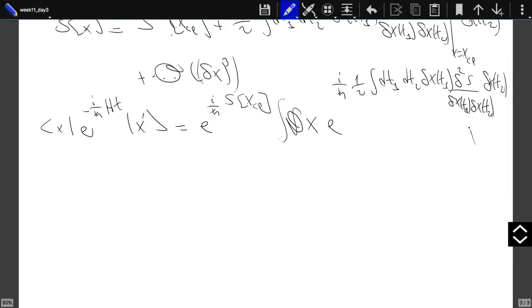Now there's a reason why I'm writing it in this form. Let's look at some multidimensional integral. Let's say that we are integrating over dx1, dx2, up to dxn, and we are taking the integral of e to the power, let's say, minus x_i x_j A_ij.